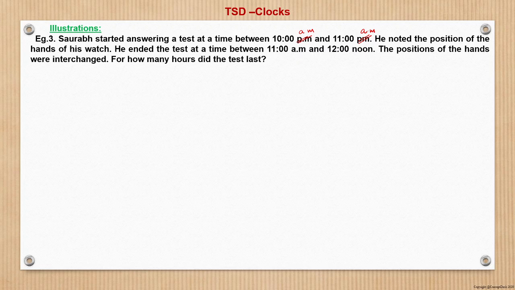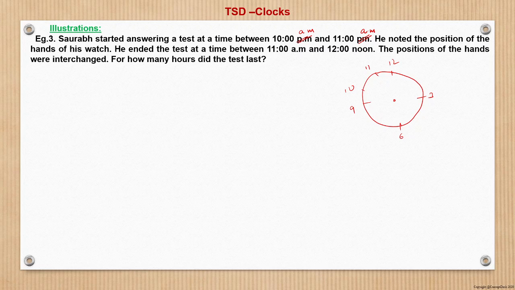So just to simplify the problem, otherwise even that could give us some answer, but let us solve some meaningful question here. So Saurav started answering a test at a time between 10 and 11, right? So this is the 9 o'clock mark, this is 6, this is 3, this is 12, this will be 11, this will be 10, this is 9.